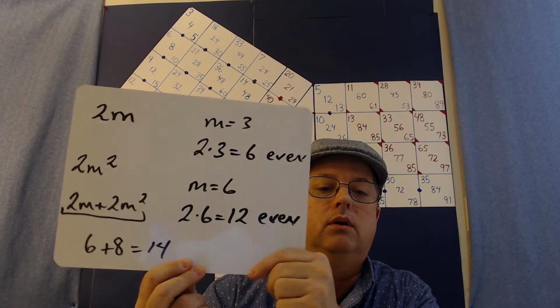As we suggested in this previous discussion here, the way to get a multiple of 4 is to have an even number times an even number, right?